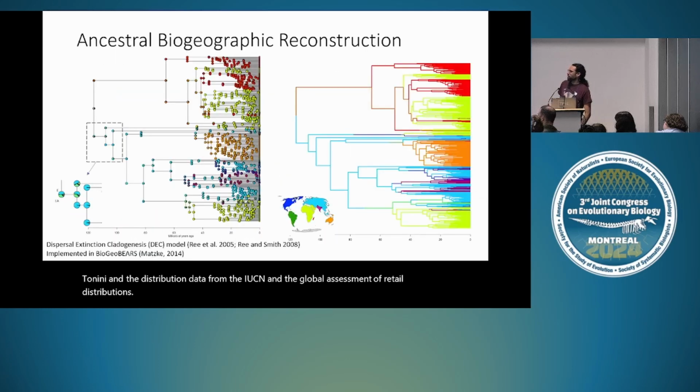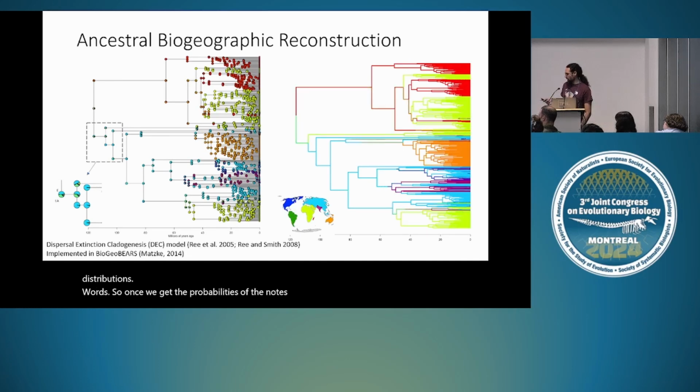Sorry, I'm getting backwards. So once we get the probabilities of the nodes of all ranges, we get these stochastic maps, like these ones, in which we represent the different possible stories. And there we can track dispersal events.